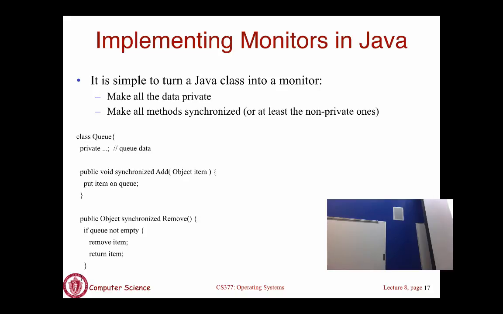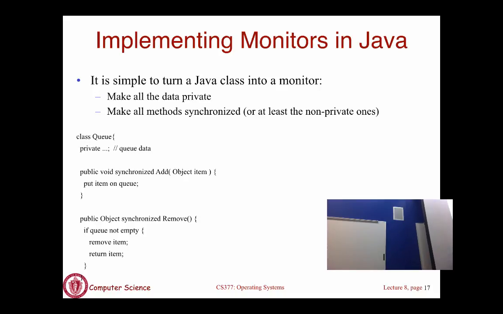Yes, question. Isn't it still going to be a problem with accessing the queue? Because add and remove are synchronized, but they're not synchronized against each other, right? You're still dealing with one queue, and one thread could be adding at the same time another thread is removing. So the question is, add and remove are both synchronized, but are they synchronized with respect to one another?